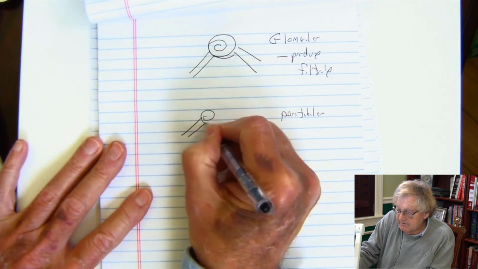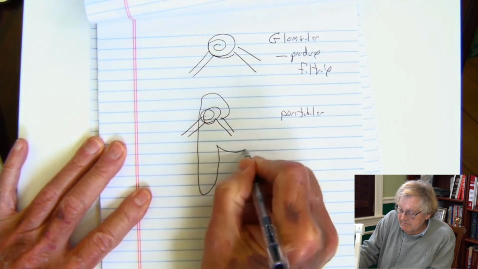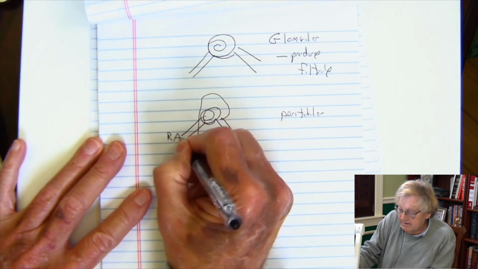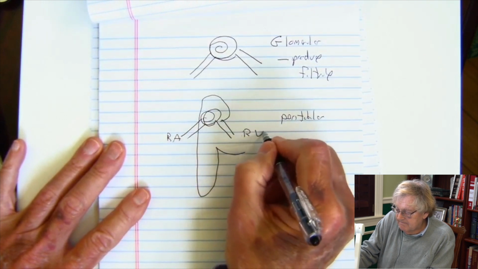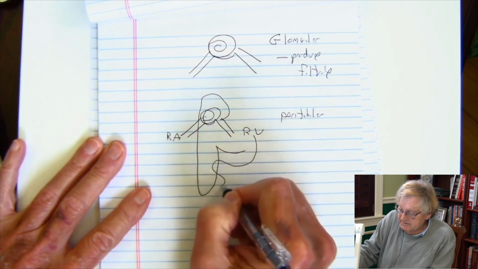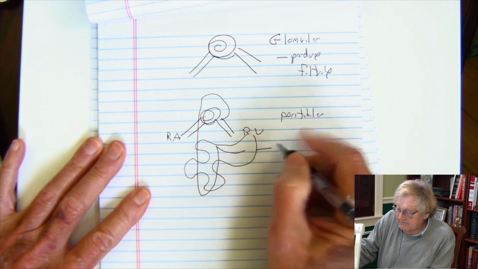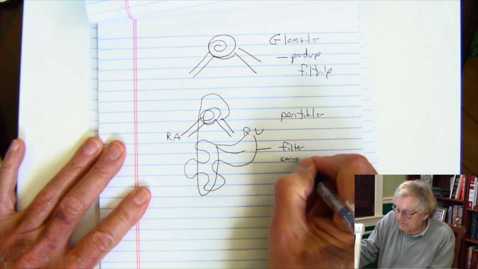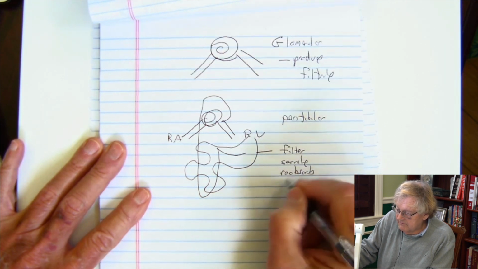I'll just make a very simple diagram, but those are the ones that are coming here. And remember, I said this is my renal artery coming here, and this is eventually going into the renal vein. So coming from that renal vein are going to be a series of capillaries that are going to filter, secrete, and reabsorb the filtrate.